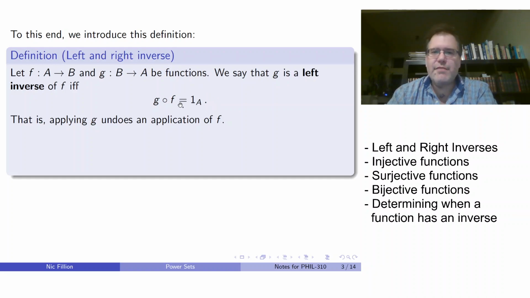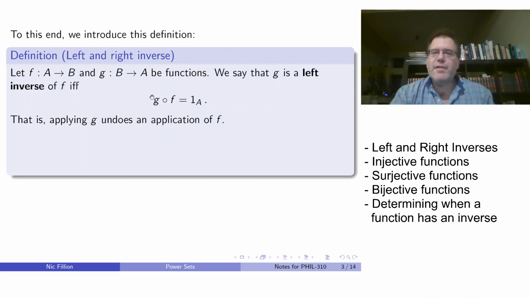Remember, the identity function of A is the function that takes an object X in the set A and returns that object X. So it does nothing. That's the do nothing function. And then we looked at how to think about composite functions.